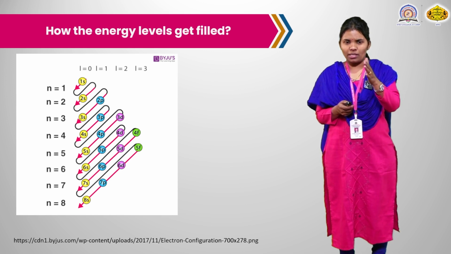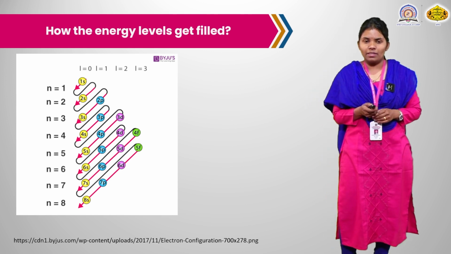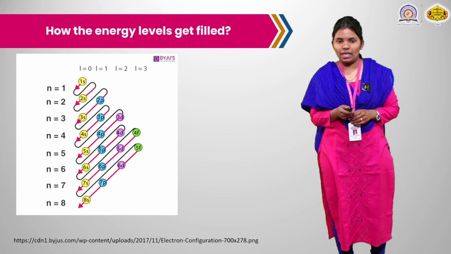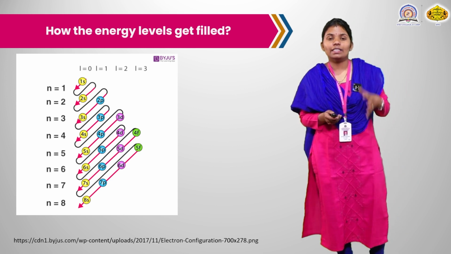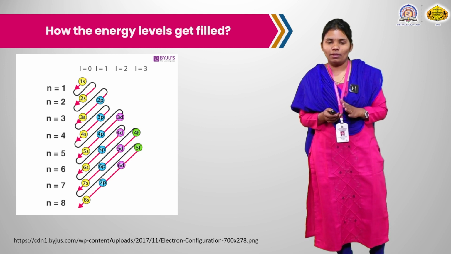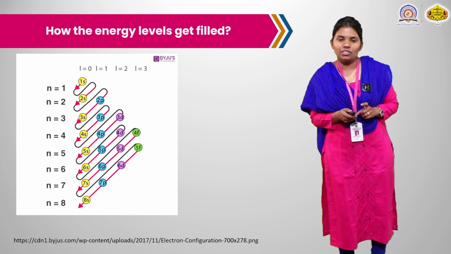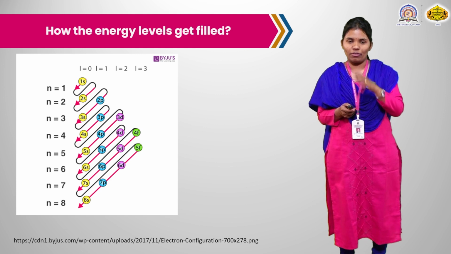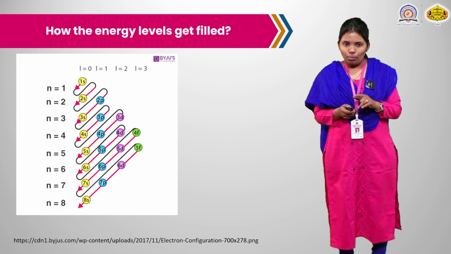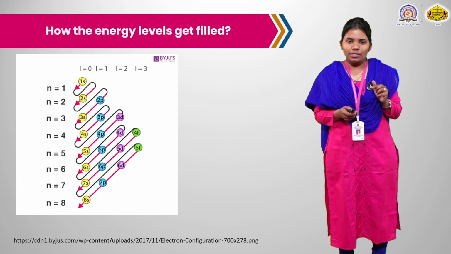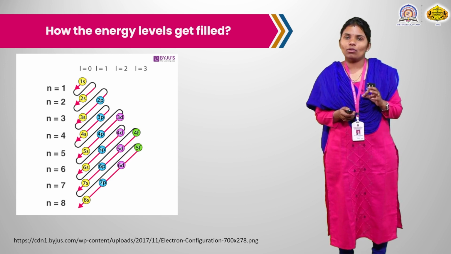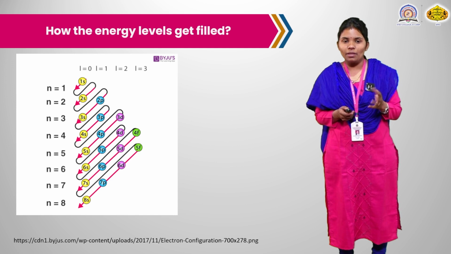Arrows are given according to the energy level, that is, n equal to 1 is 1s, n equal to 2 is 2s. What does n indicate? It indicates the principal quantum number. Here 1, 2, 3, 4, 5 indicate the principal quantum number or the energy level.